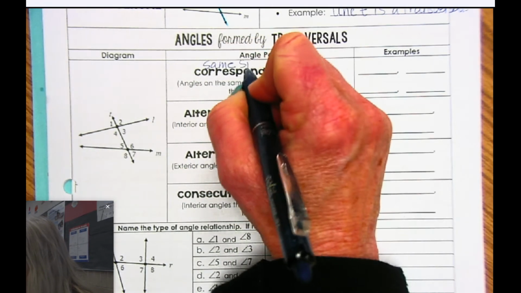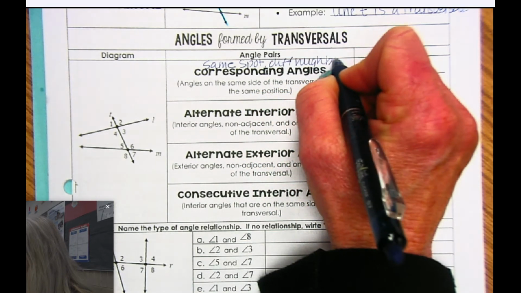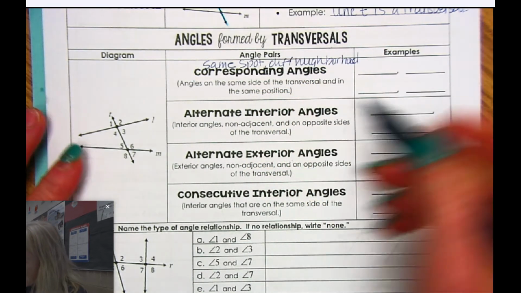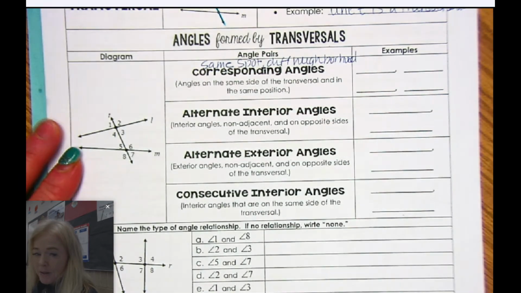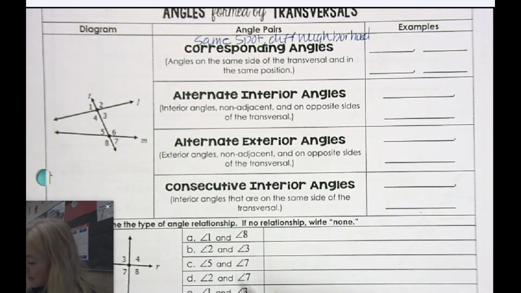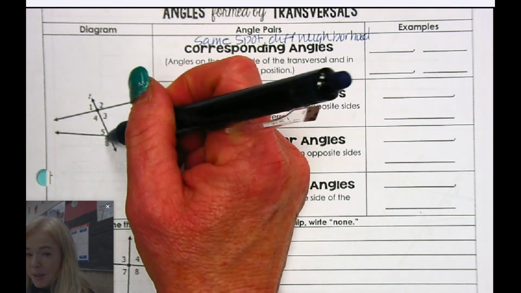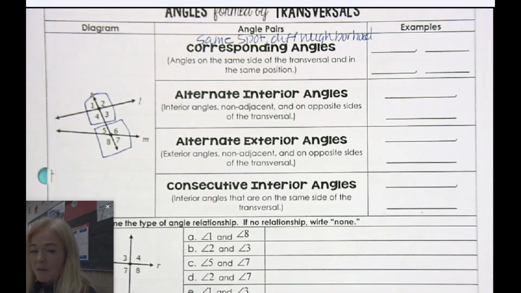And we know that the corresponding angles are the same spot, different neighborhood. Remember that? Those are corresponding. So for example, if you're looking at this little diagram here, with line T, corresponding angles are, for example, 1 and 5. They're the same spot. If we call this a neighborhood and this a neighborhood, those 2 neighborhoods, 1 and 5 are in the same spot.